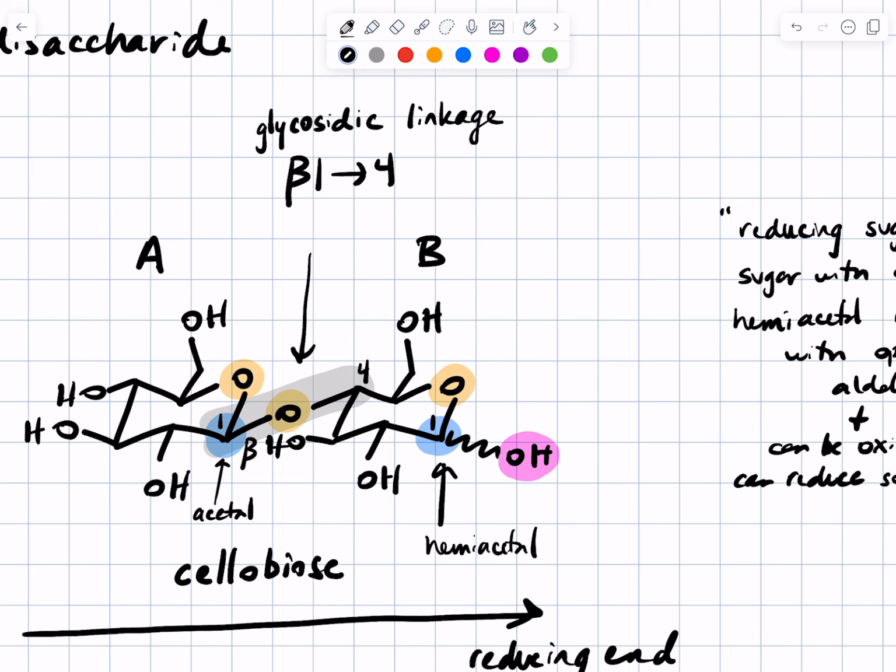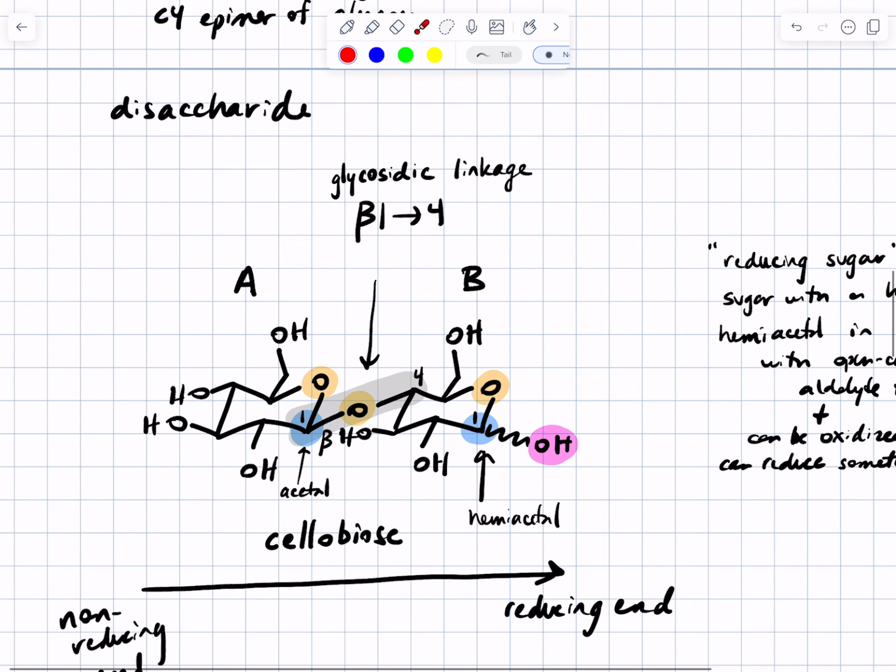So we will call this a beta 1,4 glycosidic linkage. Okay, questions? Yeah? Are there situations in which we get similar molecules but they're alpha? You bet, and I'll draw you another one of those in a little bit, yes. So you can get the alpha 1,4 linkage as well.